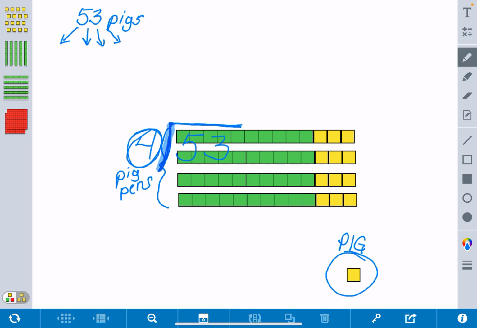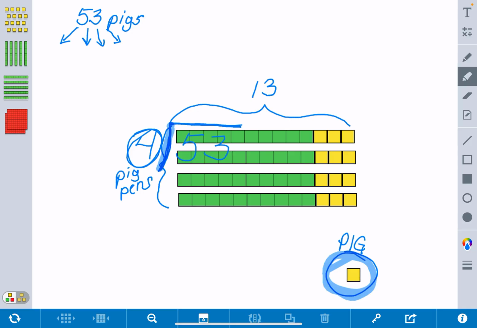Well, let's go back and look at the story again. So he took 53 pigs and he split them into 4 pens. So that would be 13 pigs in each pen. But I've got this extra pig here. What are we going to do with him?